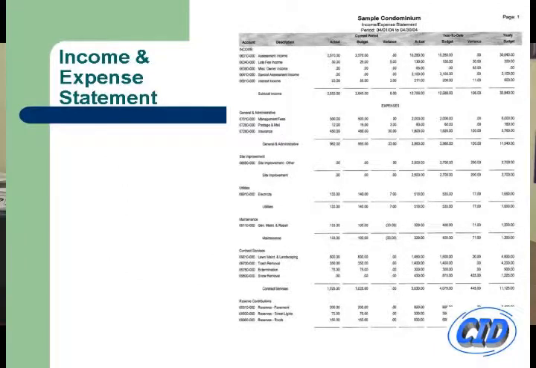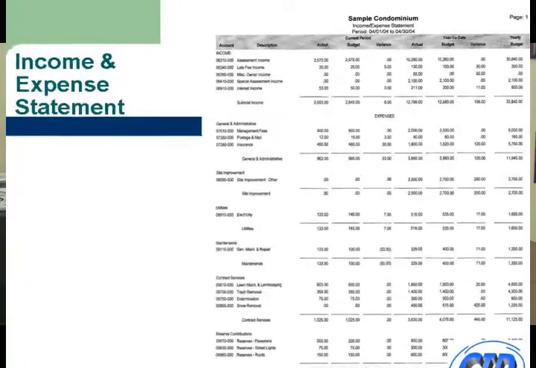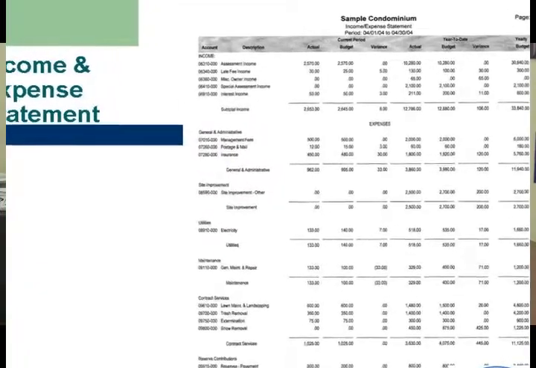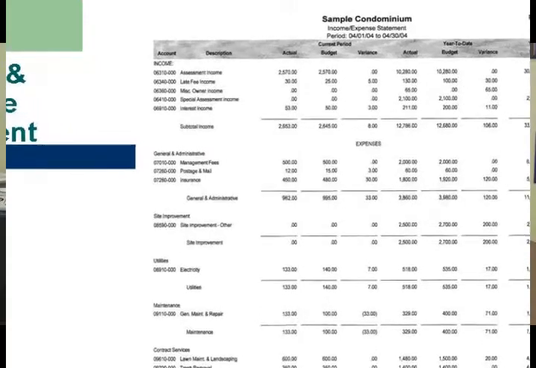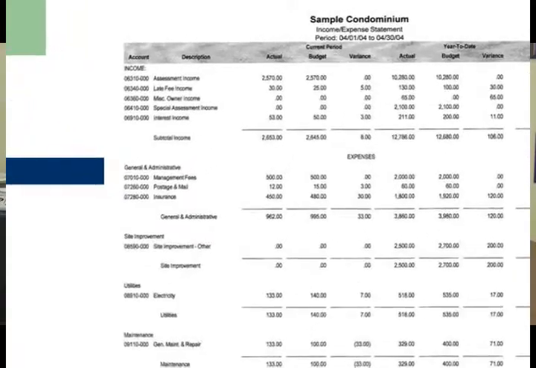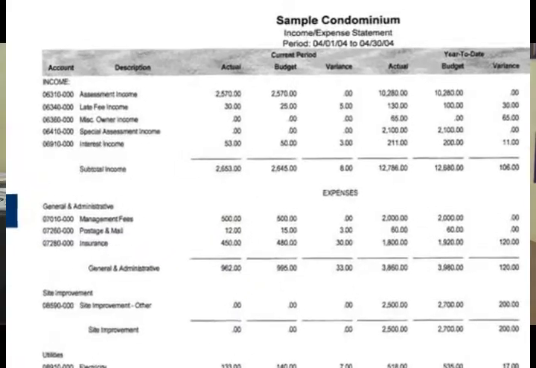The next item that you'll be looking at would be the income and expense statement. On that, for example, on this sample here, you see your assessment income. It shows how much came in, how much you expected to have come in budget-wise, and so you can do comparative analysis based on that.